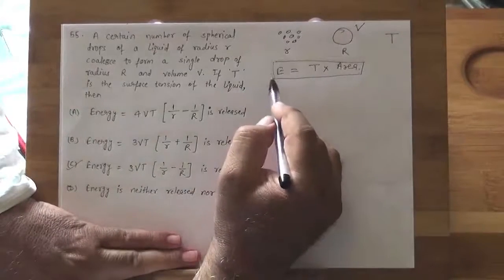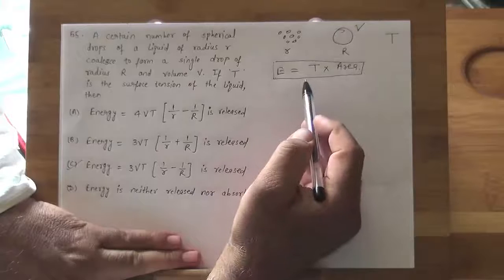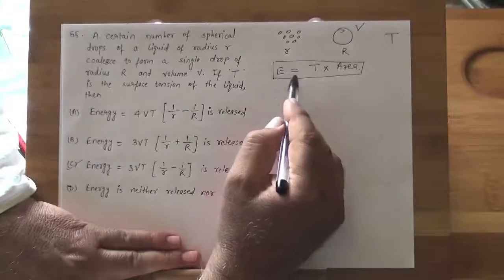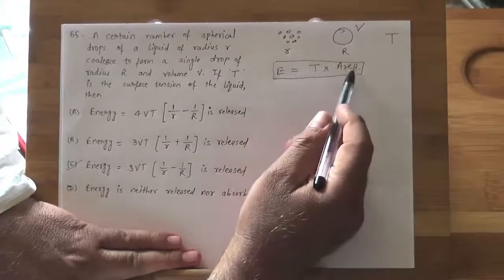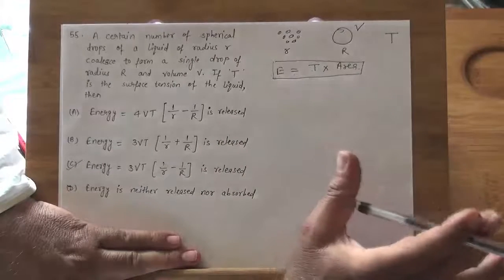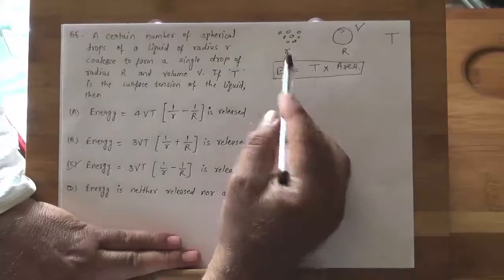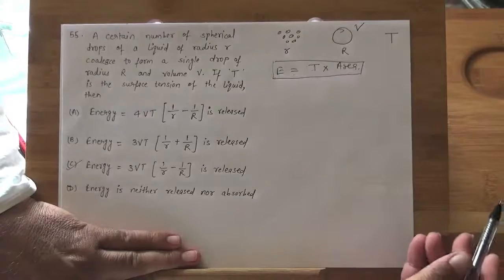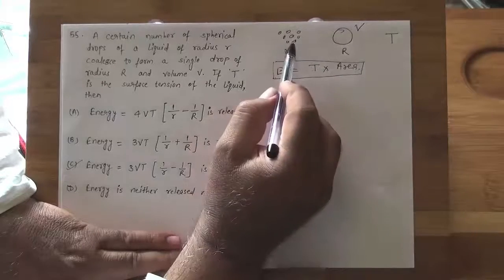This one we use because these data are available with us. Okay, now we will remember surface energy is surface tension into area. It has become very simple now. Surface tension in this case and in this case are equal. Let's calculate energy in this case.